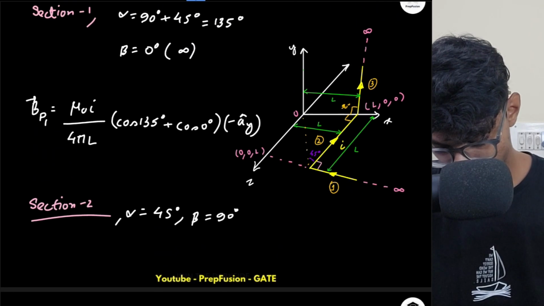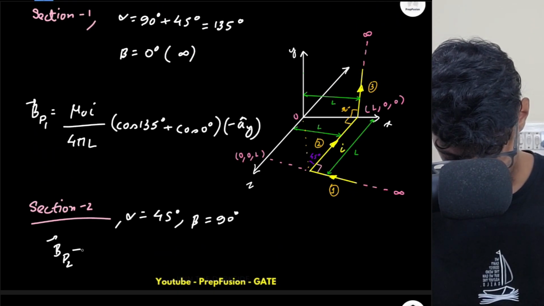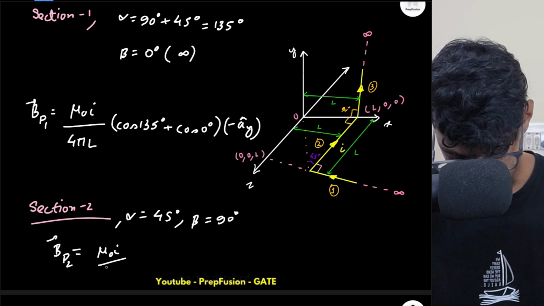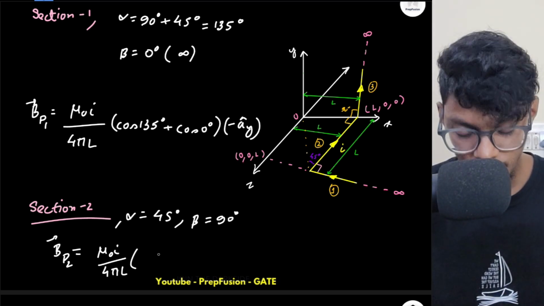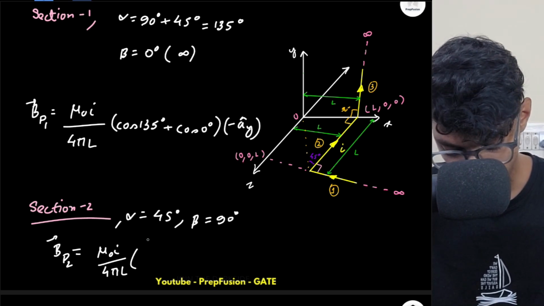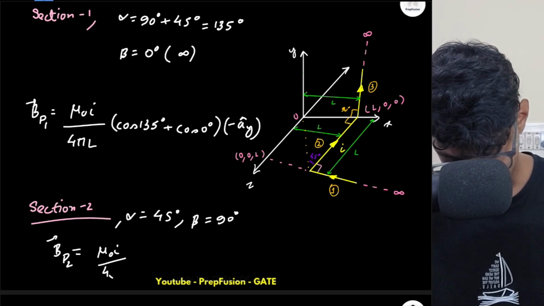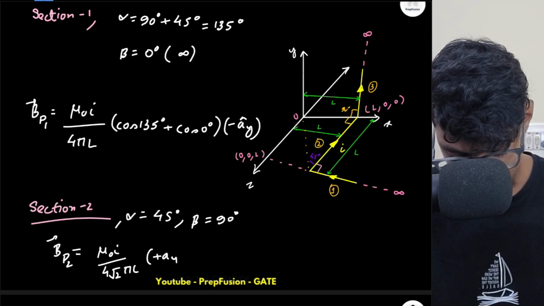So I'll directly write down the expression: B P2 is mu naught I upon 4 pi, the perpendicular distance is again L, and this is cos 45 plus cos 90. One of them will be 0, so this will be 1 by root 2. So I can write this directly as mu naught I upon 4 root 2 pi L, in the plus a y cap direction.